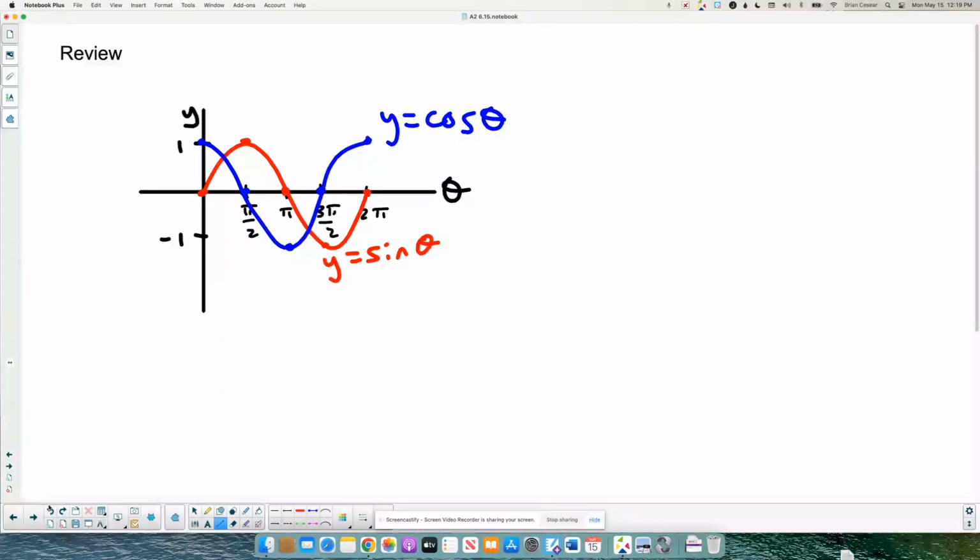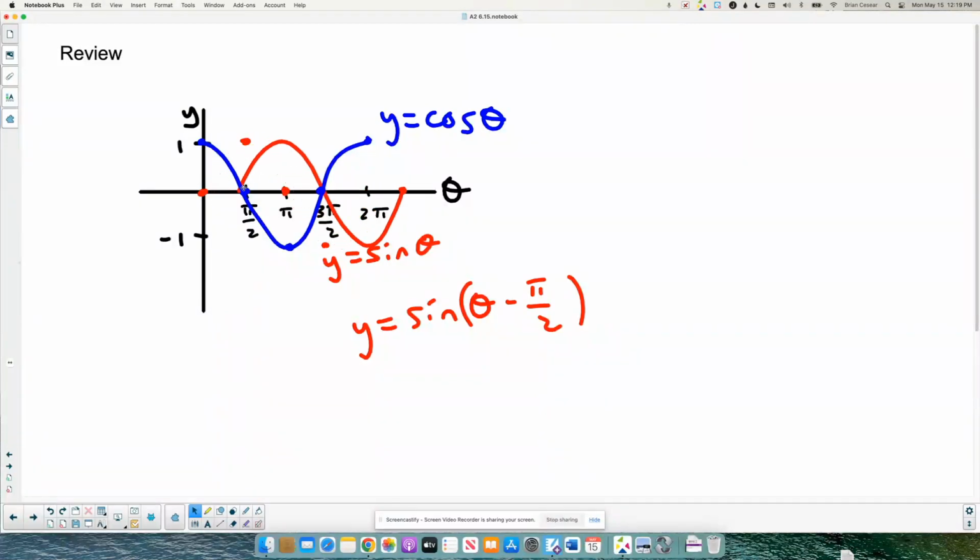The other thing we learned is if we have y equals sine of theta minus pi over 2, if I subtract something, it's going to be a horizontal shift to the right. So every point is going to move to the right pi over 2. So it would be a horizontal translation to the right pi over 2.